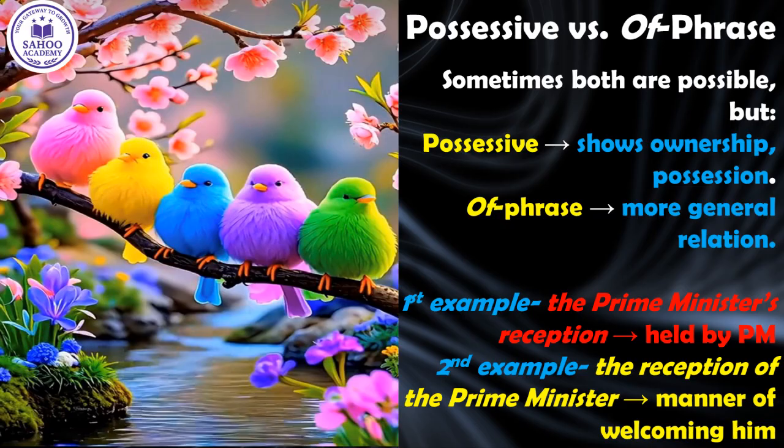Now let us look at the second example. The reception of the Prime Minister. This means the way the Prime Minister was welcomed. Just see the difference. So remember, even if the words look similar, the meaning can change. Use the possessive to show ownership and use the of phrase for a general or descriptive relation. Clear? Now let's go to the next slide.